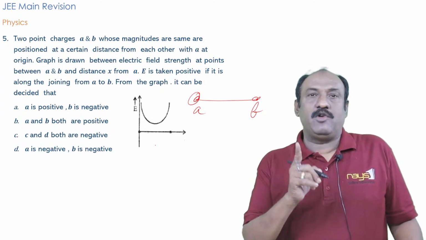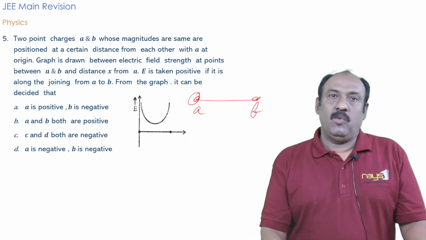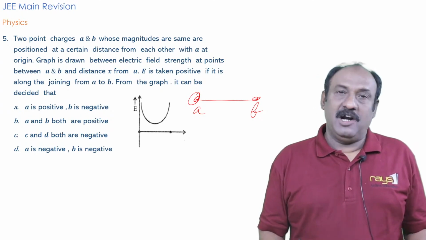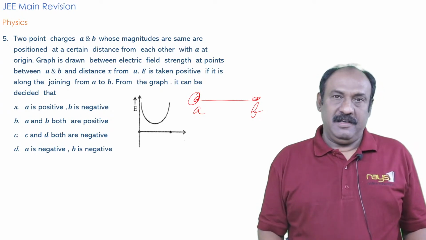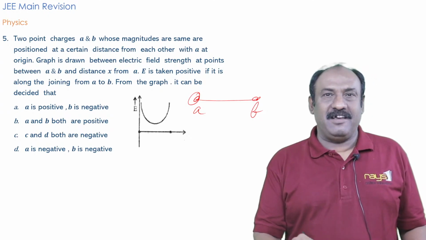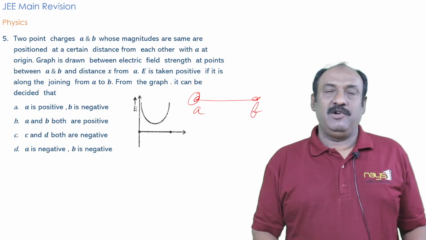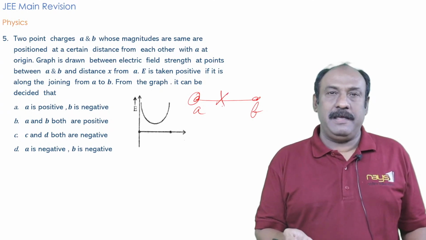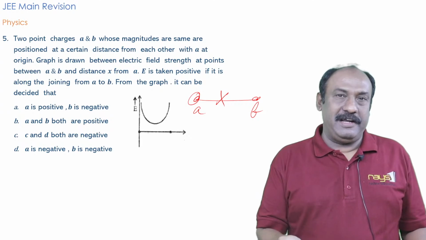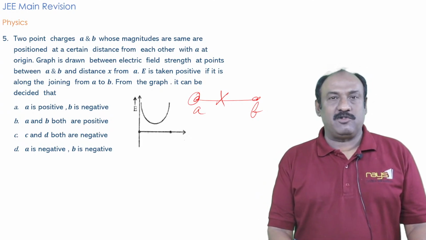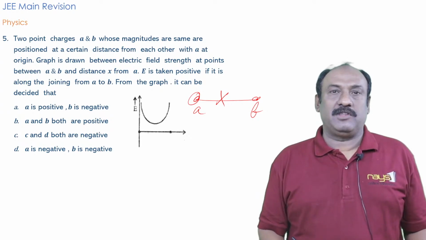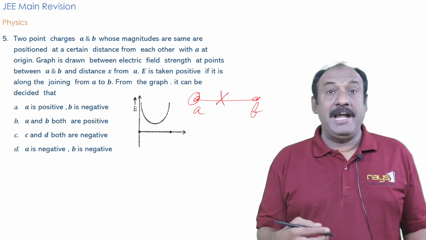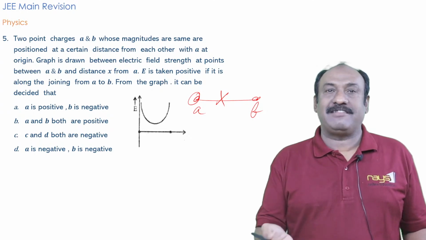From this, we have to identify the nature of the charge at A and at B. If these two are like charges, we know there will be a null point formed somewhere between them. Since both have the same magnitude of charge, the null point will be formed at the midpoint of their separation.